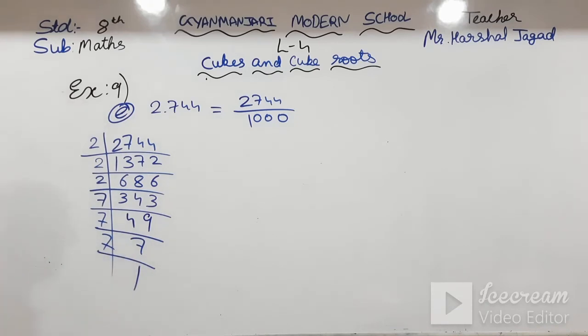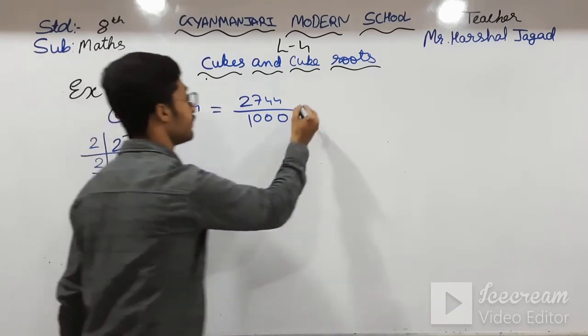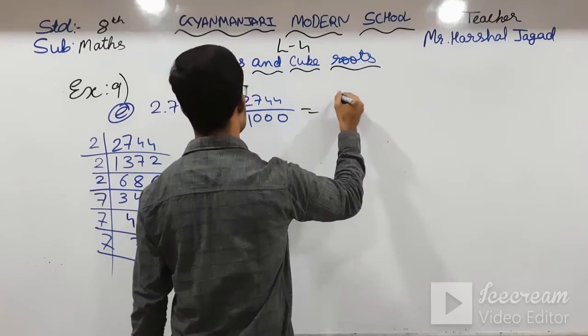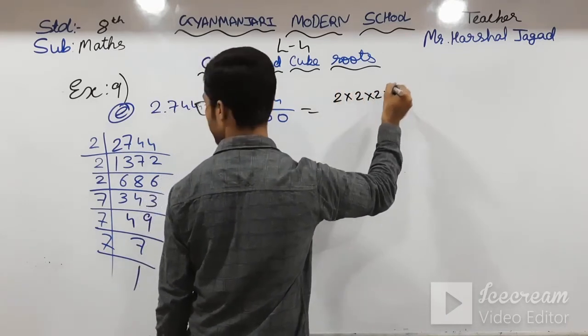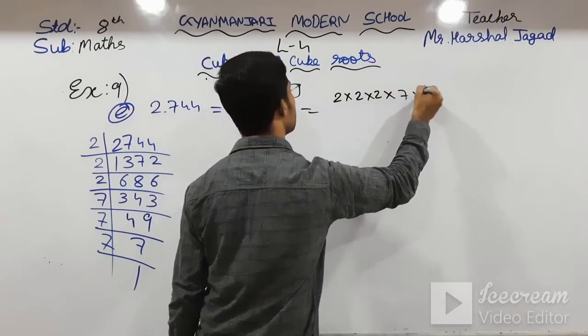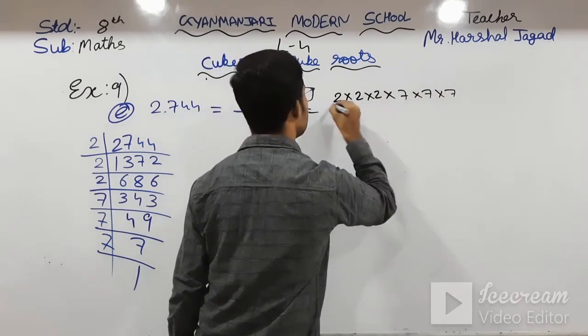So here we get the factors of 2744, that is 2 into 2 into 2 into 7 into 7 into 7 upon.